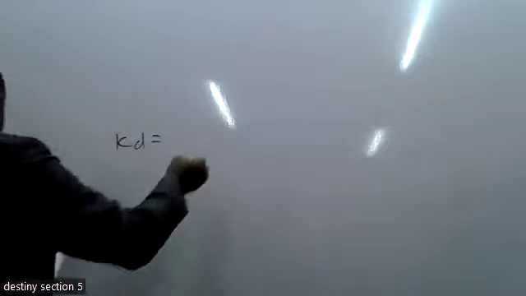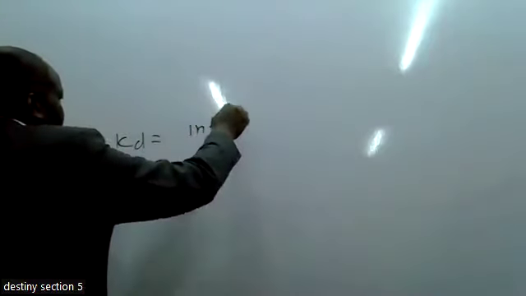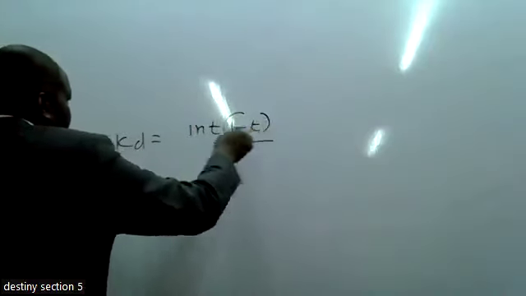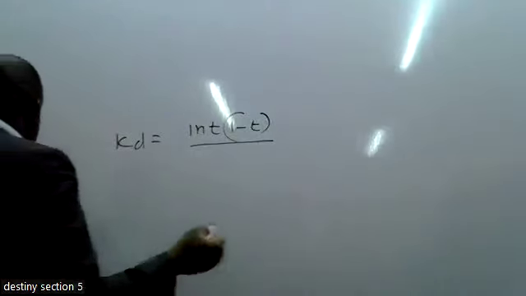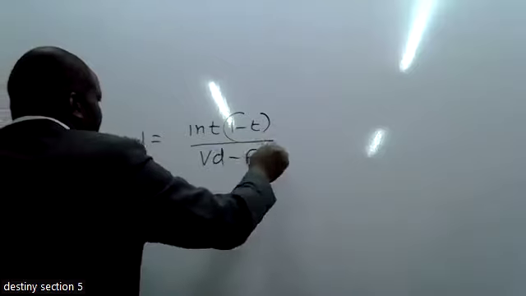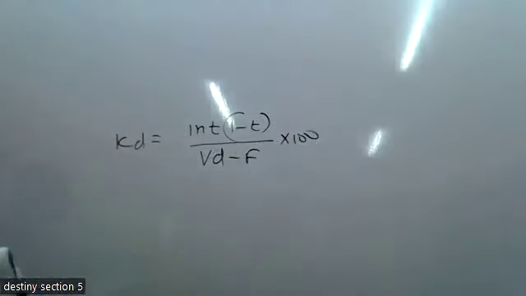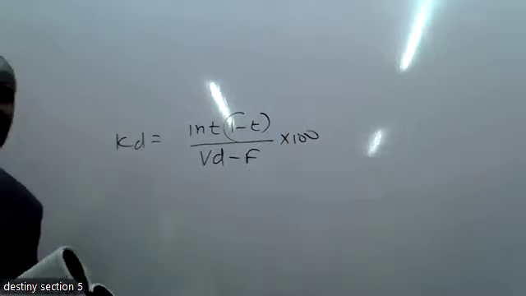KD will be referring to the cost of the debenture. It will be equal to interest, times 1 minus the corporate tax, divided by the current value for the debenture minus the flotation cost. Then we express it as a percentage.